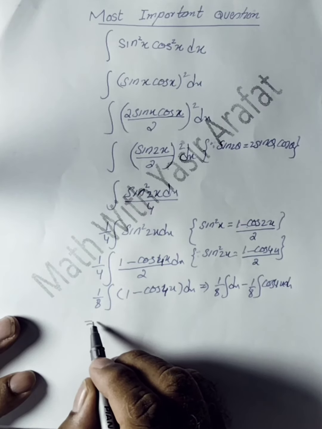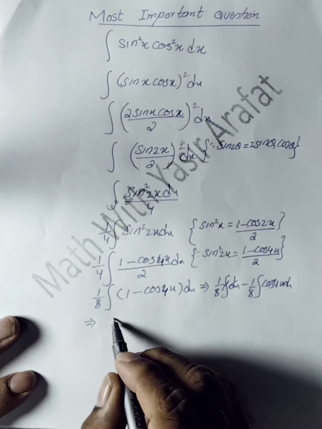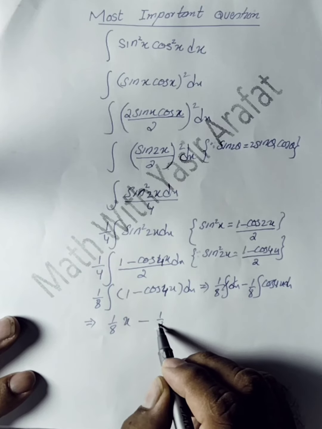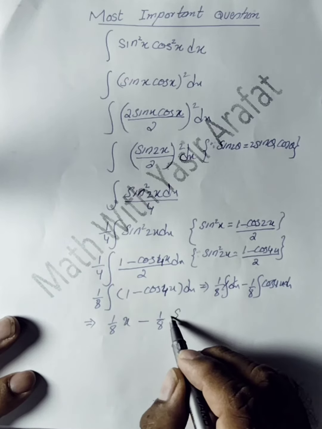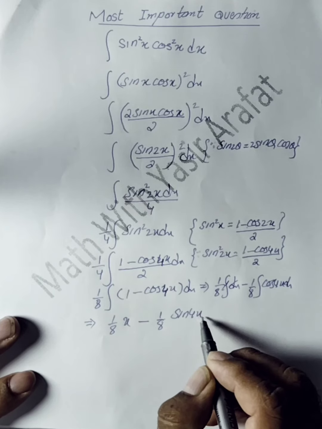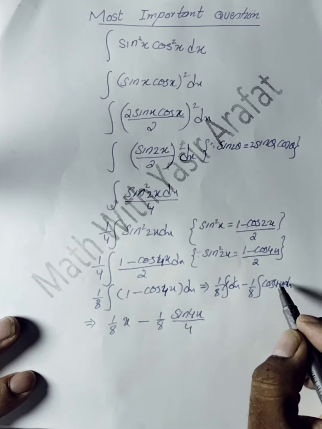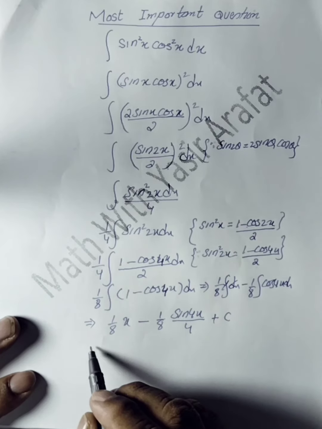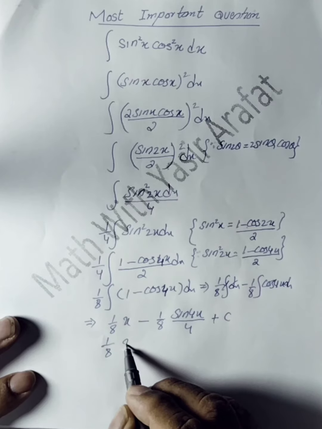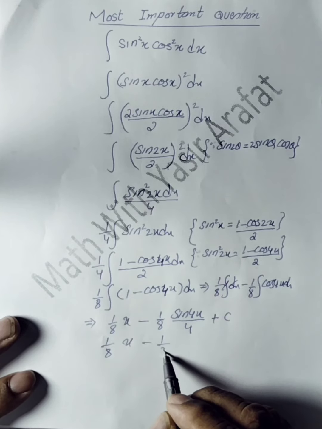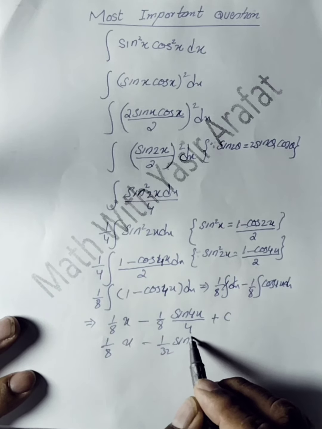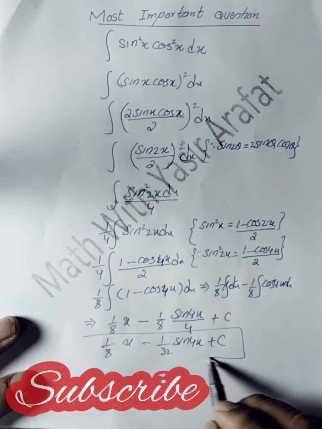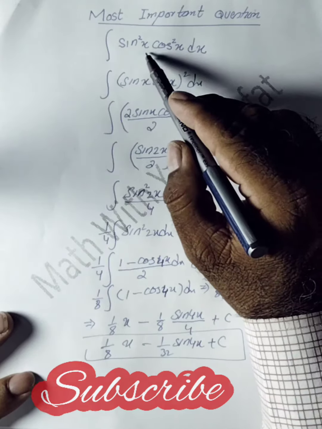So here the integration is 1 over 8 (x minus the integration of cos 4x, which is sin 4x divided by 4). The constant will be divided by. So this is the integration: 1 over 8, 8 times 4 is 32, sin 4x plus c, and this is the integration of sin square x cos square x dx.